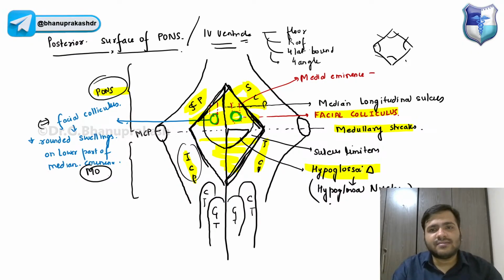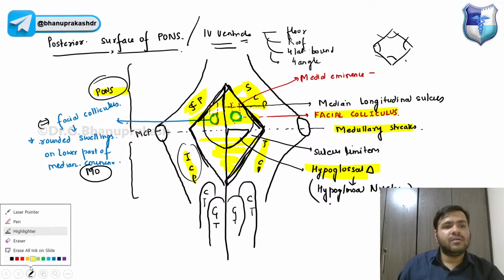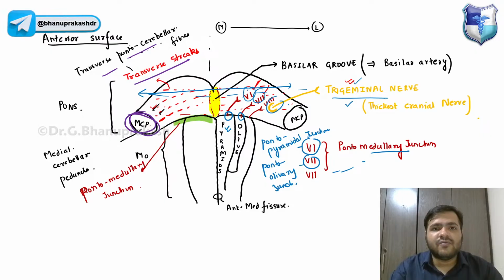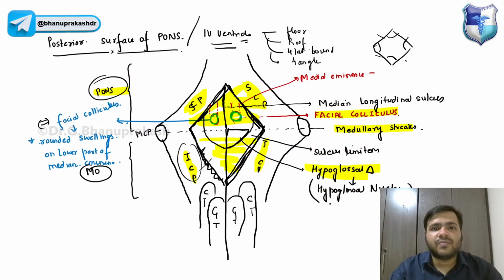We have also discussed the triangles below. You are already aware of the vagal triangles, right? The hypoglossal triangle, the vagal triangle is there, the area postrema is there. We have already discussed this. If you want, I can show you.